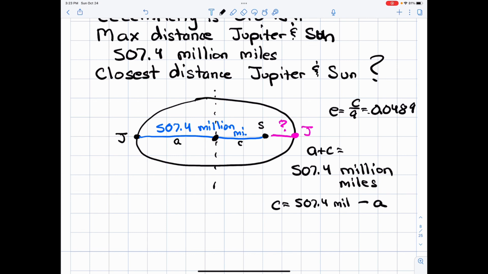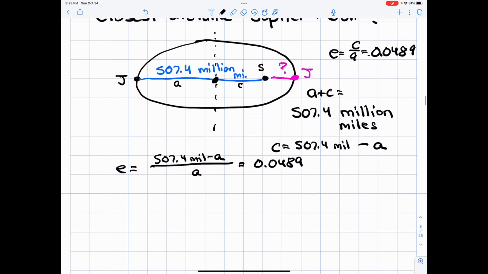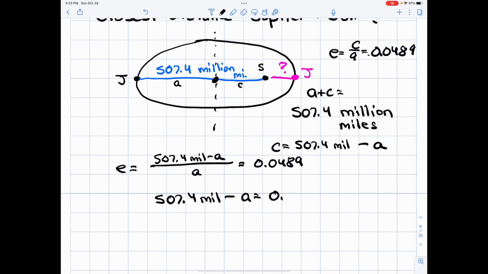Then go back to my eccentricity ratio. Well, if I know what C is, I can say 507.4 mil minus A, over A, so instead of saying C over A, equals 0.0489. Multiply both sides by A, 507.4 mil minus A equals 0.0489A.